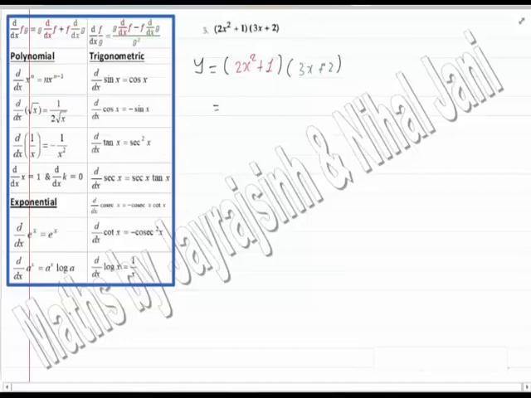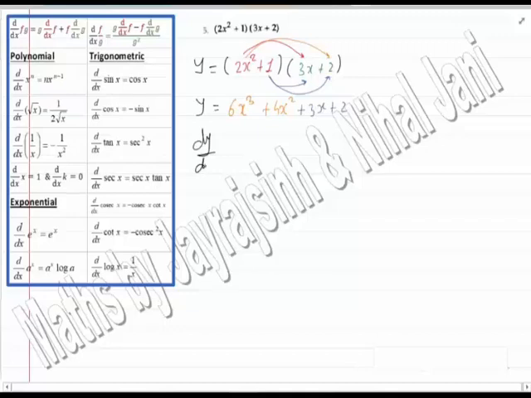So let's open the bracket. 2x squared into 3x is going to be 6x cubed, and then 2x squared into 2 is 4x squared. Okay, now it's time for 1 into 3x is 3x, and 1 into 2 is 2, right? So we get our simplified form.